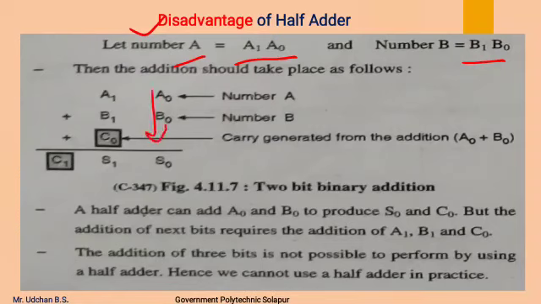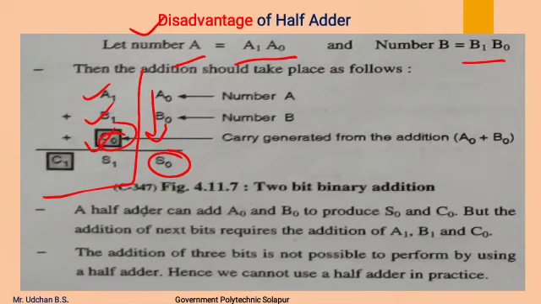First we add A0 plus B0, which will give you a sum 0 and produce a carry C0.